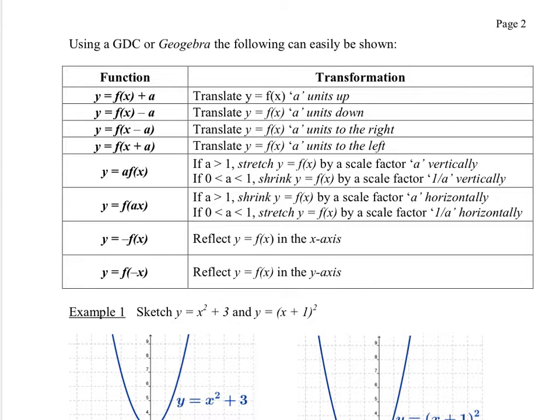If you wanted to stretch something vertically, that is, you multiply by a number bigger than 1. To stretch or compress something horizontally, you replace x with ax, where a is bigger than 1. If you want to turn something upside down, reflect it in the x-axis, do negative before the whole thing. And if you want to reflect it in the y-axis, replace x with negative x.